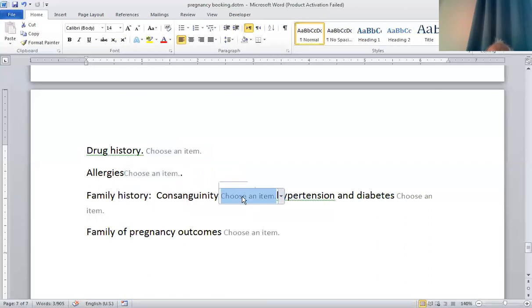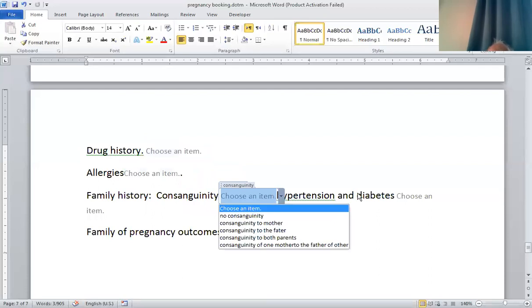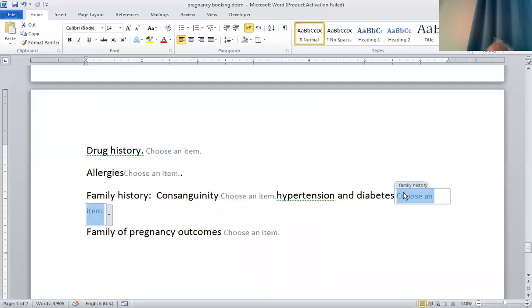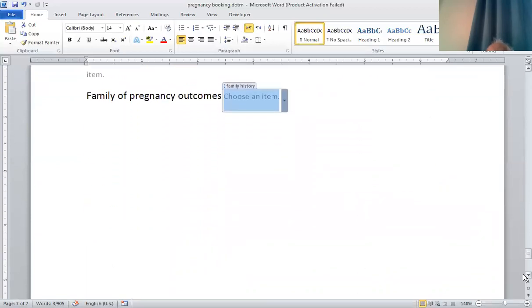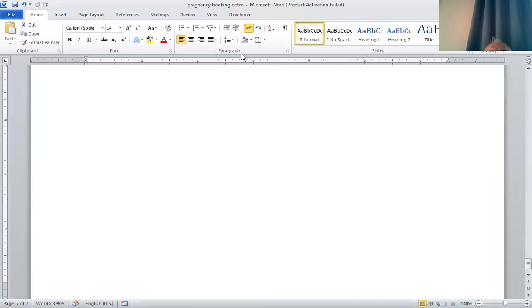We will ask about family history: consanguinity, family history of hypertension, diabetes, twin pregnancy, congenital fetal anomaly, and mental conditions. And then we will examine the patient. This is how we take the history of a pregnant lady.